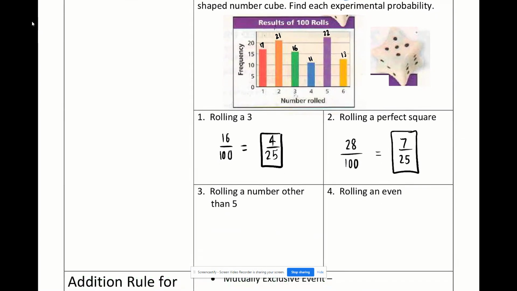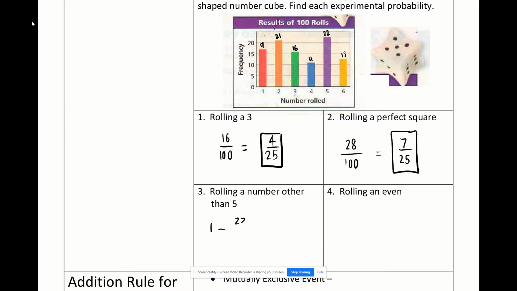Okay, next one. Rolling a number other than 5. Hopefully you guys remember this. This is still complement, right? Remember complement that we talked about with theoretical probability? You're subtracting what it's not from 1. So to find rolling a number other than 5, it's easier to just subtract how many 5s there are.